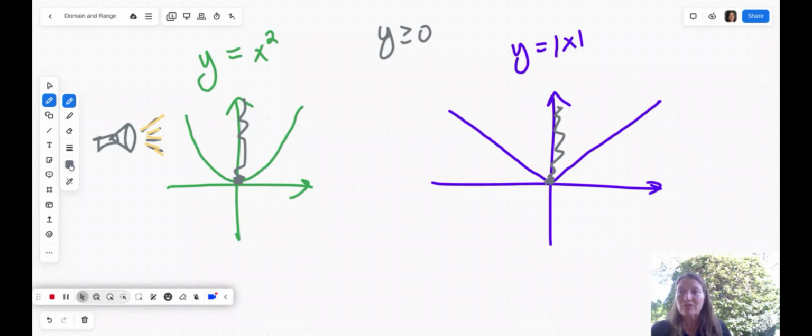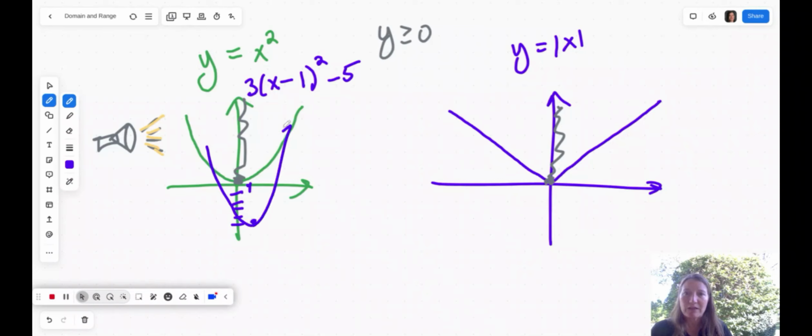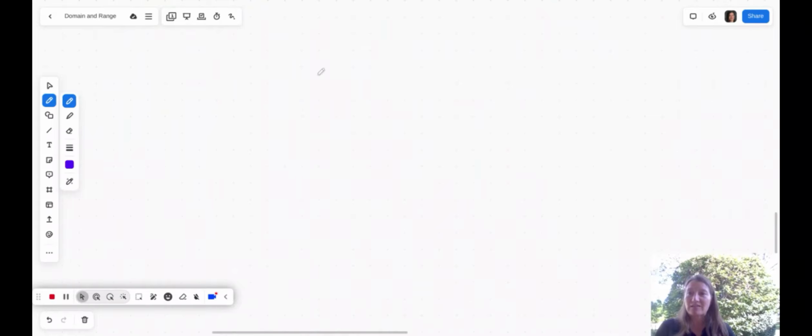And the same thing goes if I take this x squared graph and I add some stuff to it. I add, how about minus 1, minus 5. Okay, that's going to move my graph to the right 1 and down 5. And we'll make it taller. That 3 will make it taller. This thing on the end is still the only one I care about. Same thing would happen in absolute value land, just moving that vertex around. Y is greater than or equal to whatever that last number is.